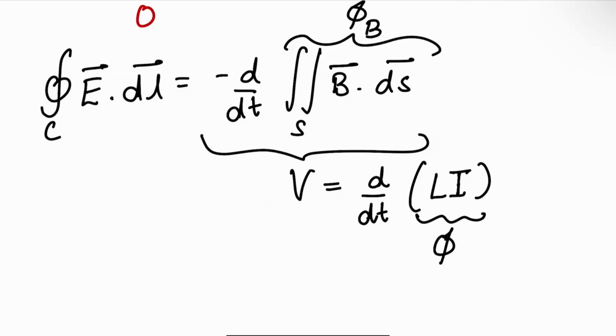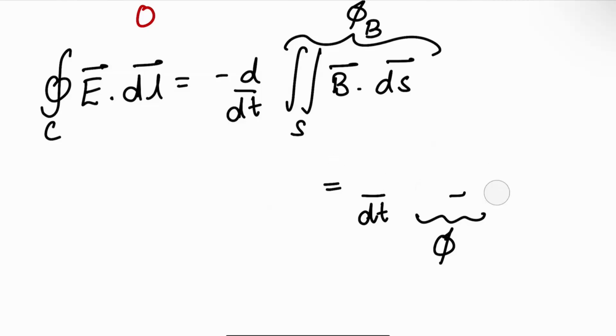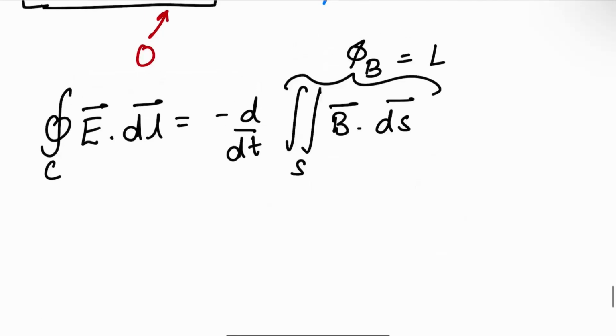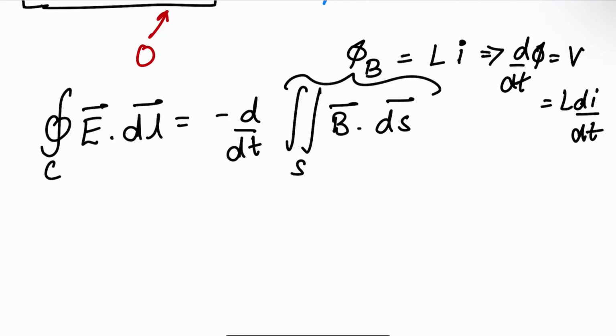So to say that another way, I have this term here, it's the derivative of the flux, and I can say flux is proportional to current, and the proportionality constant is the inductance, L i. So the derivative of that is in fact a voltage, so I can write that d dt of phi is V, which is equal to L di over dt, assuming L is not time varying.